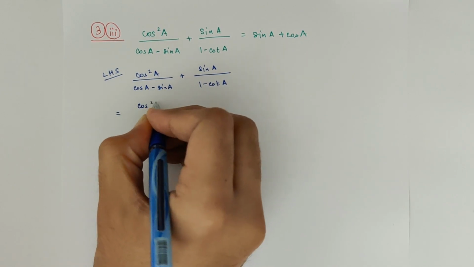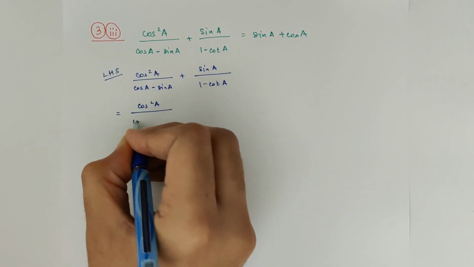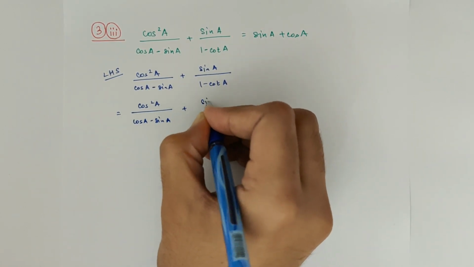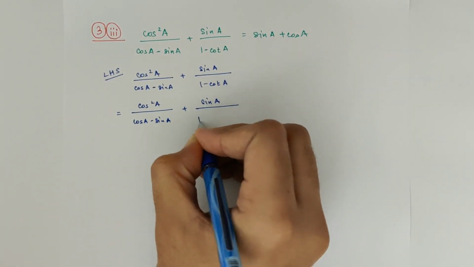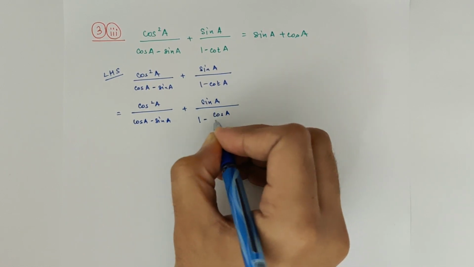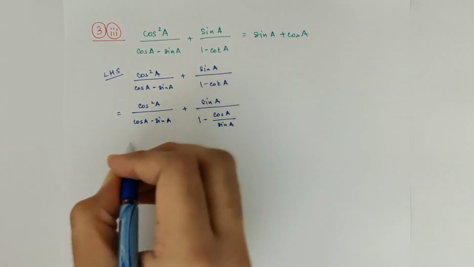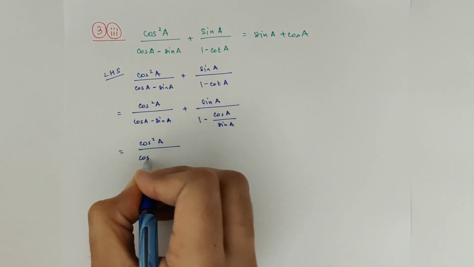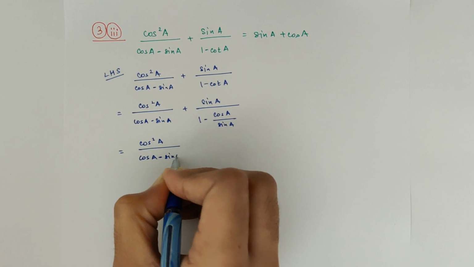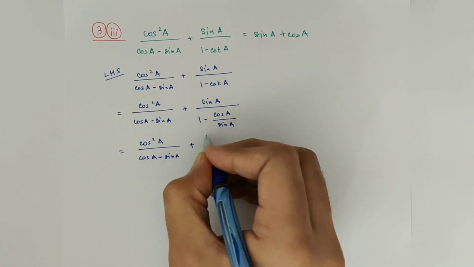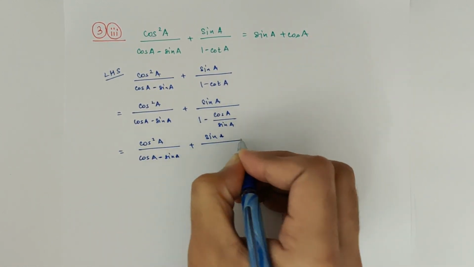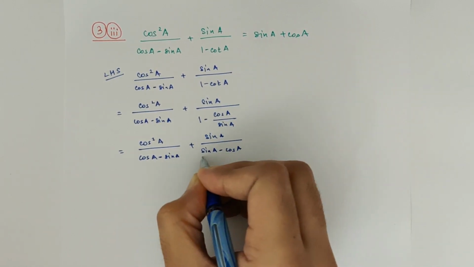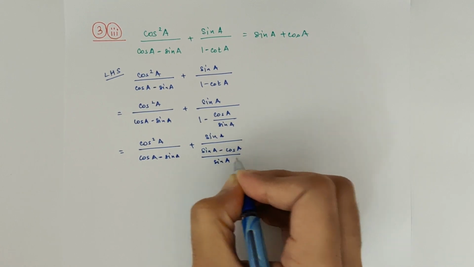So cos square A divided by cos A minus sin A plus sin A divided by 1 minus cos A by sin A. So we get cos square A divided by cos A minus sin A plus sin A divided by sin A minus cos A divided by sin A.